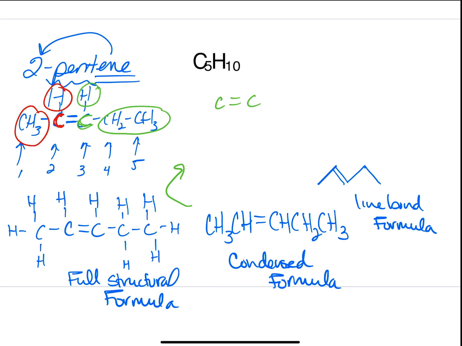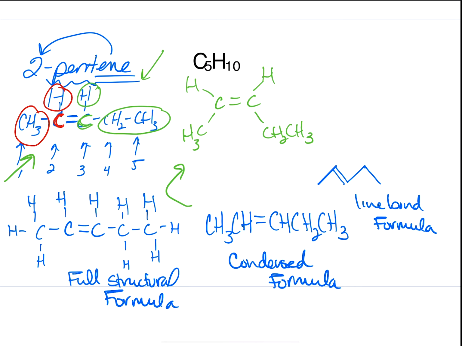And because I drew this structure like I drew it, I'm going to go ahead and stick those down like this, because that corresponds more with what I've already drawn right there, okay? And I'm going to put the hydrogens up like this. All right, so that would be your cis-2-pentene.